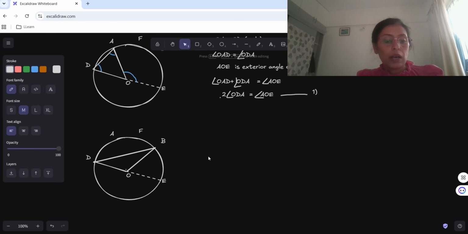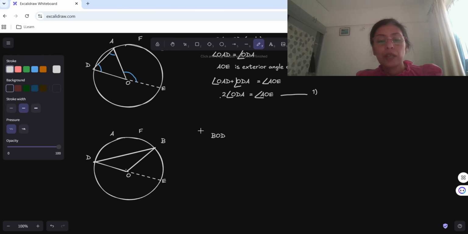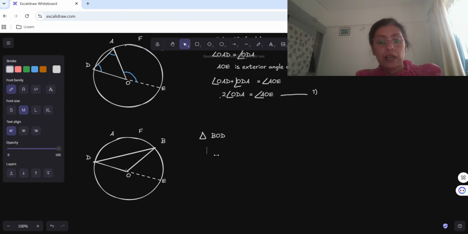Now I'll start seeing what I know about this triangle. This triangle is BOD. So what do I know about this triangle? I know OB is equal to OD. Why? Because both are radius of the same circle.